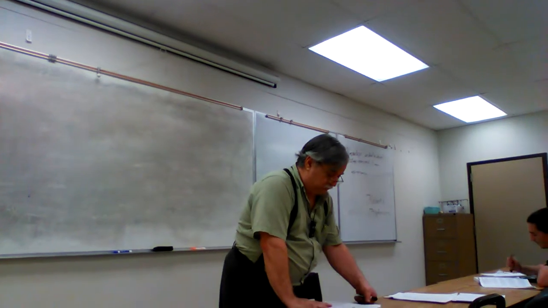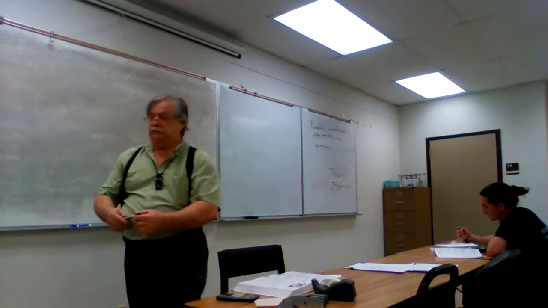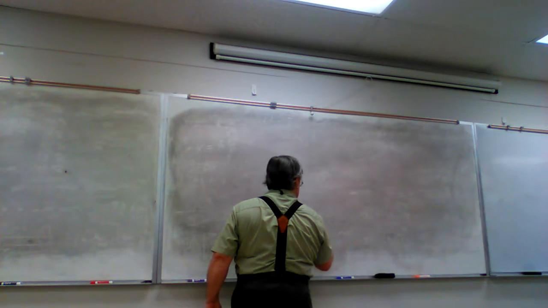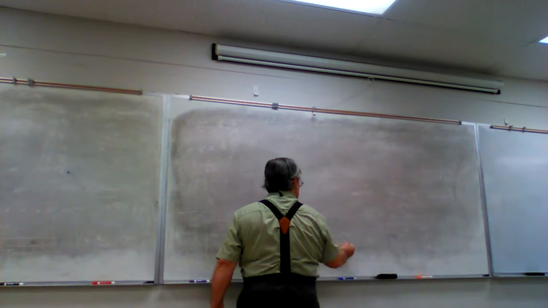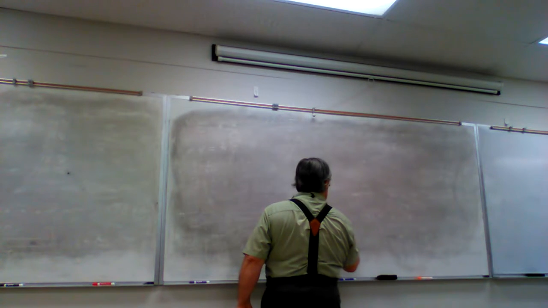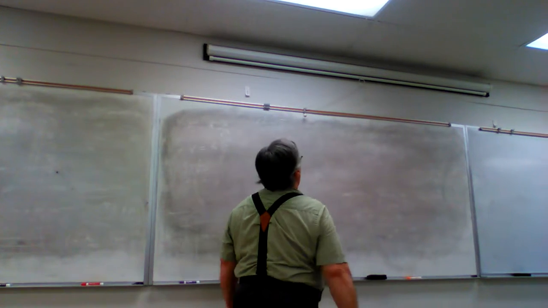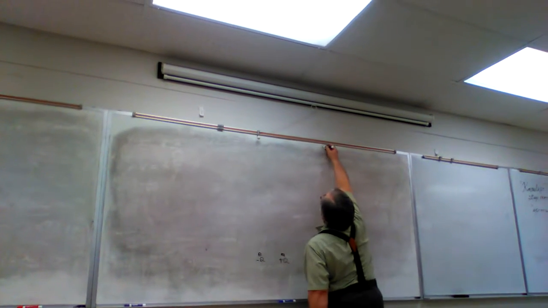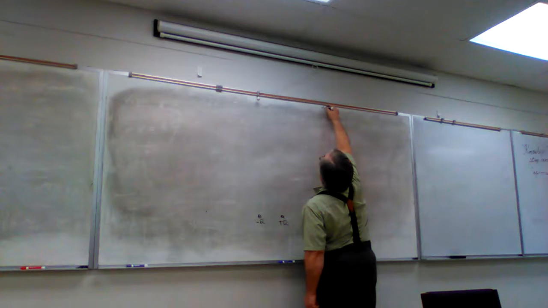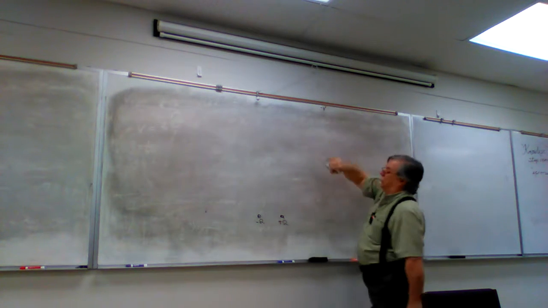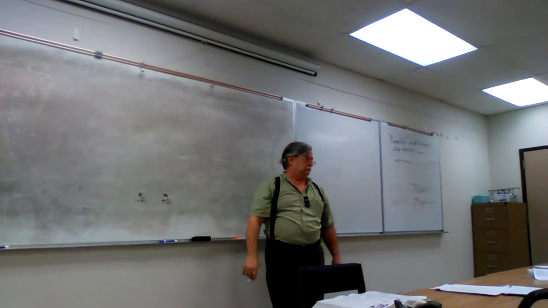So, let's talk about a dipole. We've got 2 point charges, minus Q and plus Q. Now, the question is, what is the potential from those 2 point charges at that point way up there?